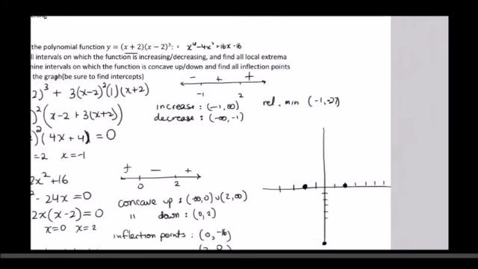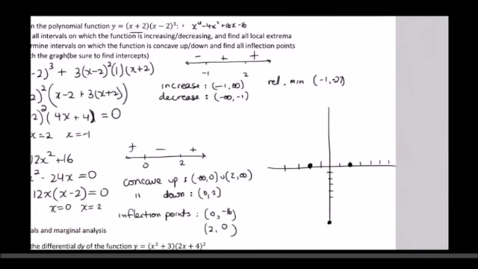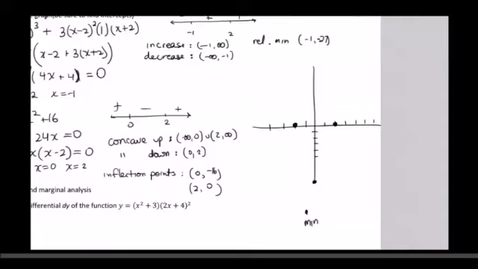And considering the degree of this polynomial, it's degree 4. Even degree polynomials have end behavior that are going in the same direction. And since the leading coefficient is positive, I know that the left side is going up to infinity. And the right side is also going up to infinity.